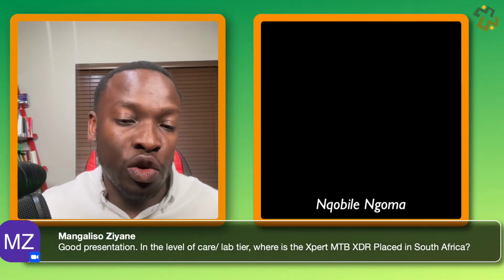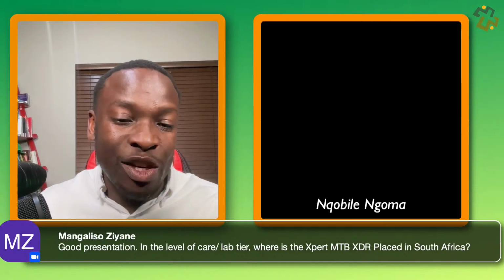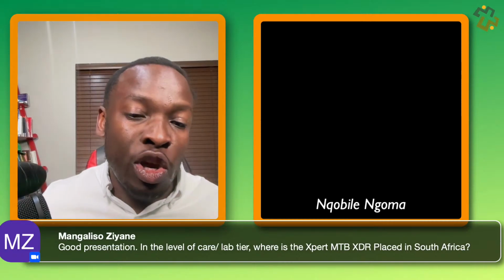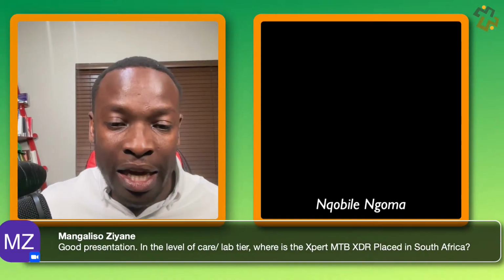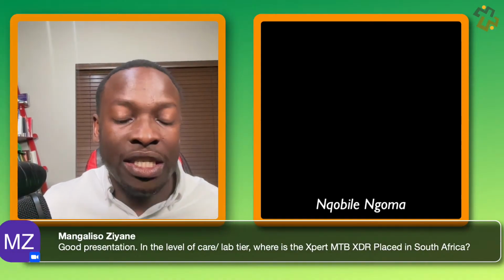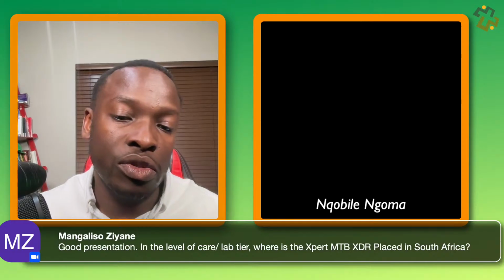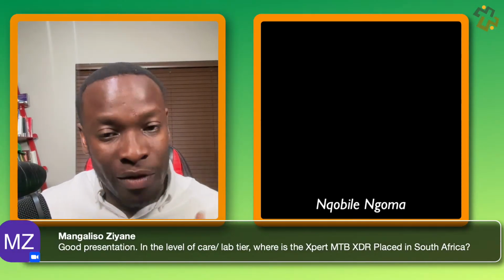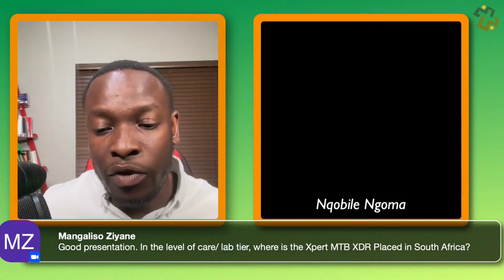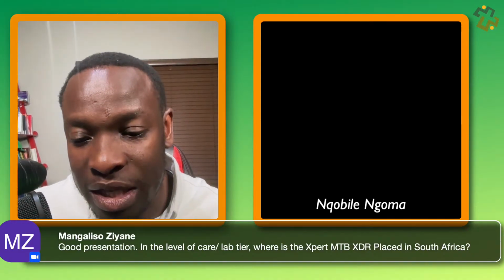So I was trying to show you that there is an Xpert machine which is done on all people where we suspect TB, but there's also an Xpert MTB XDR, which is done when you have now confirmed resistance and you want to evaluate sensitivity for your second-line TB drugs, right?